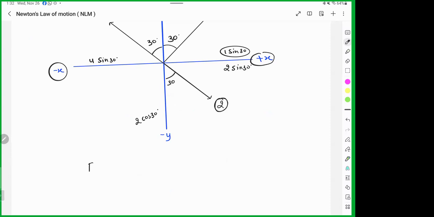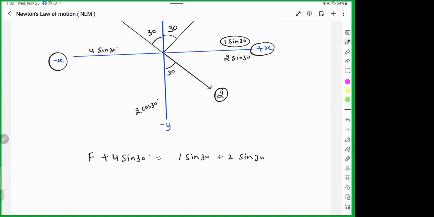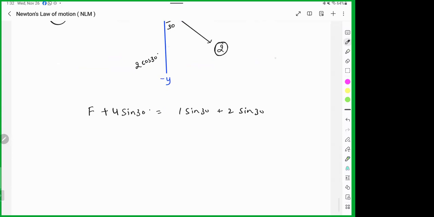So I need F amount of force plus 4 sine 30 is equal to 1 sine 30 and 2 sine 30. Correct? Sine 30 value is 1 by 2. So this will become 2 for 1 by 2. Okay. This is 1 by 2, and here it will be 1.